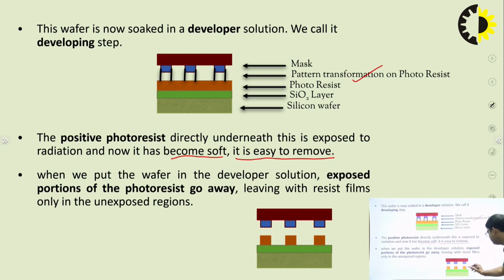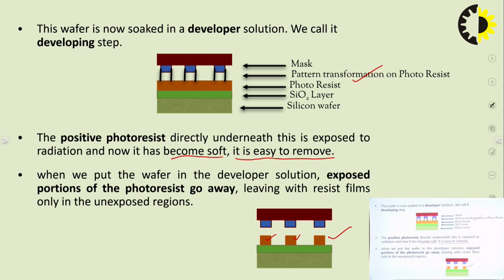Here we can see the photoresist remains only in those areas where radiations were not falling on the photoresist. From those areas where radiations were falling and the resist became soft, it is removed by soaking the wafer in a developer solution.